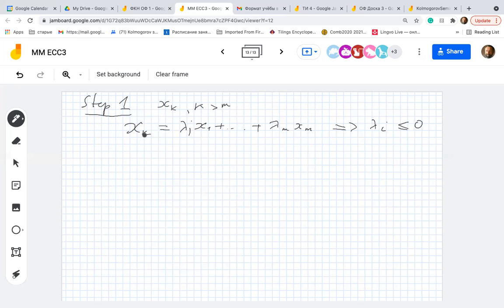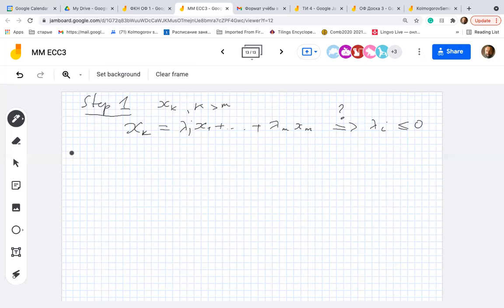So when we express some xk as a linear combination of our basis, then all the coefficients in that linear combination are non-positive. So this is our claim.